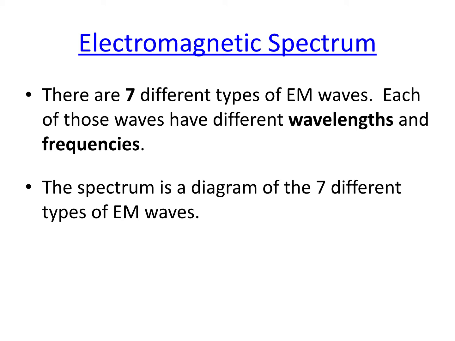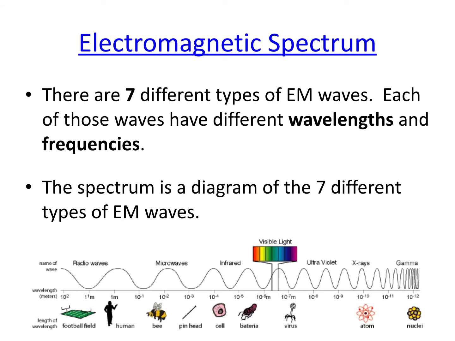The spectrum is a diagram of the 7 different types of waves, and here's a picture of it. Your notes don't really show as well as this picture does. And you can tell on the far left is radio waves, microwaves, infrared, visible light, ultraviolet, X-rays, and gamma rays. If you can count, those would be your 7 different types. And what is shown below is the size of the wavelength.